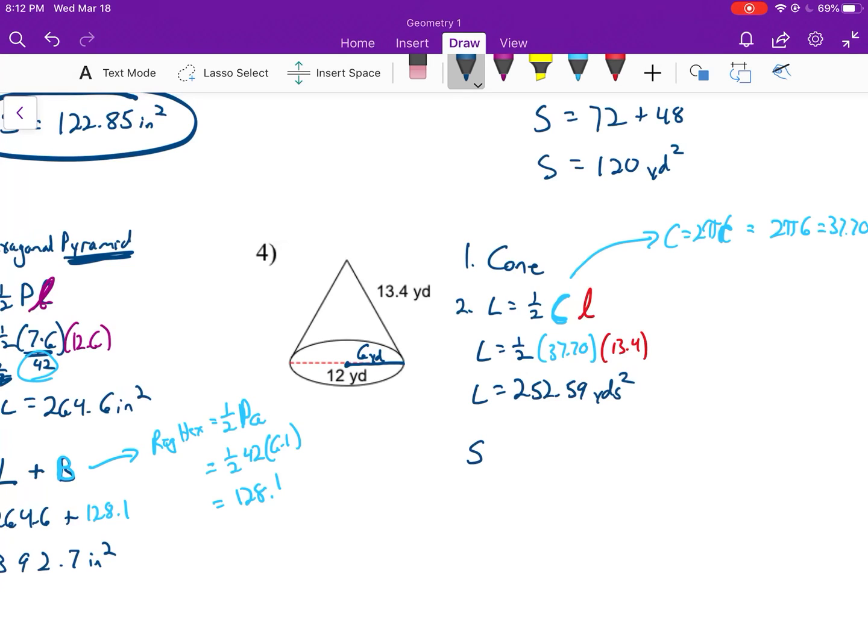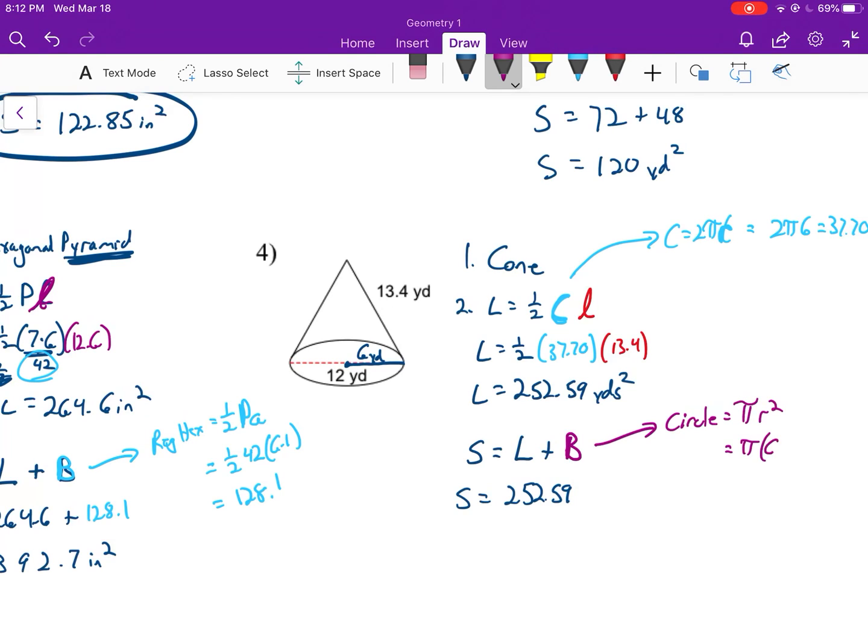And then surface area. Surface area is the lateral area plus the area of the base, which in this case it's a circle. So surface area equals, lateral area was 252.59. The base is a circle in this case. So the area of a circle is pi r squared.